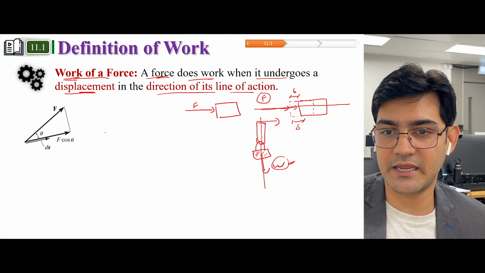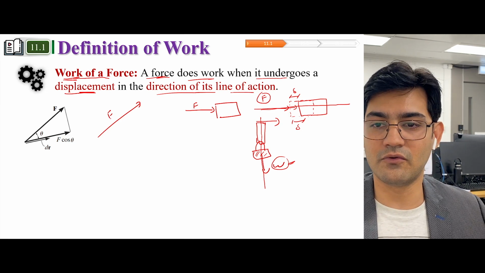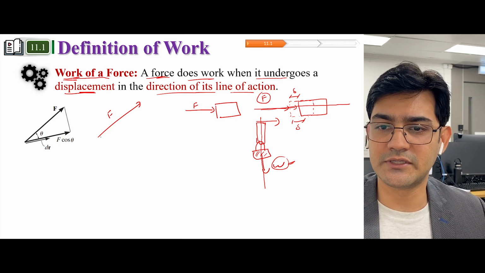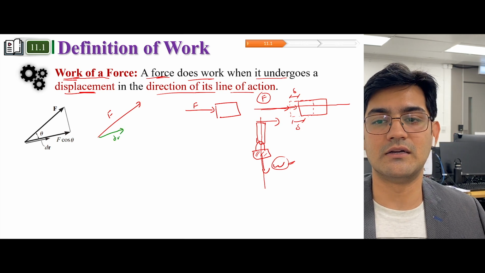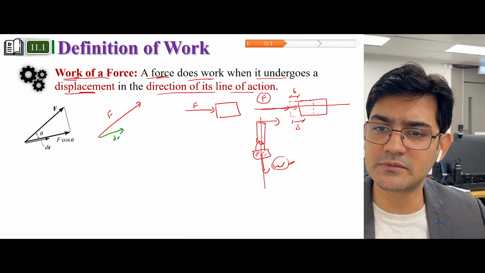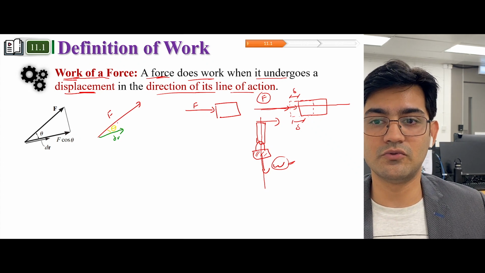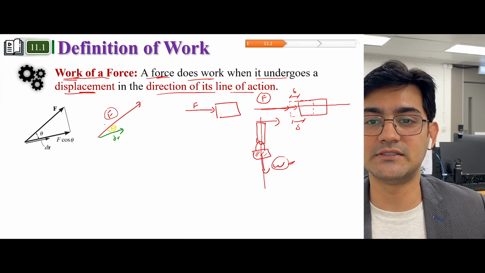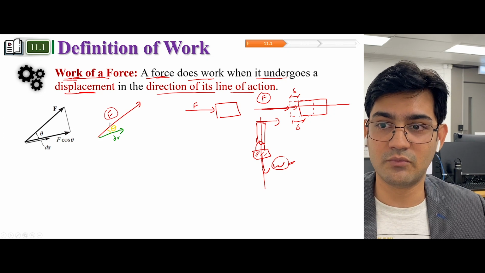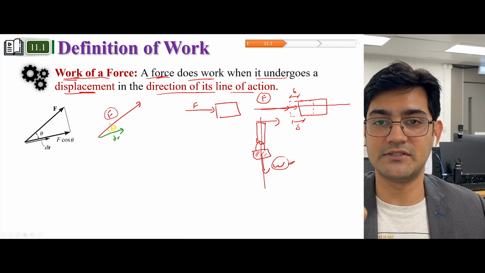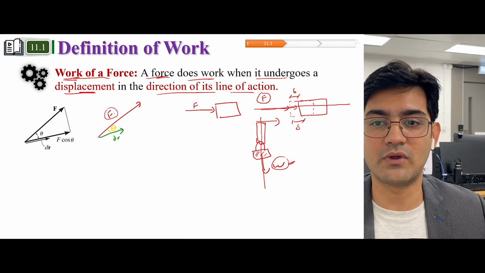So let's say we have this force F, and this force is producing a differential displacement dr, and the angle between them is theta. In order to find whether this force has done work or not, we need to find the component of that force which is in the direction of the displacement.